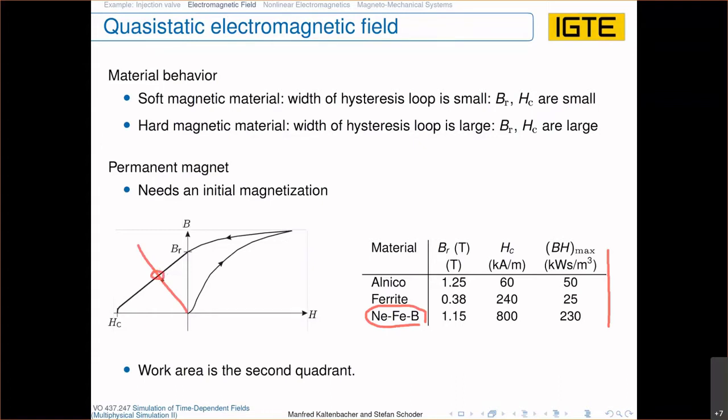What is interesting for such permanent magnets is that they have almost a straight line, so it is a linear behavior in this working area, the second quadrant, between H and B, and in most cases you will use a linear material law in order to include permanent magnets within your computational partial differential equation.